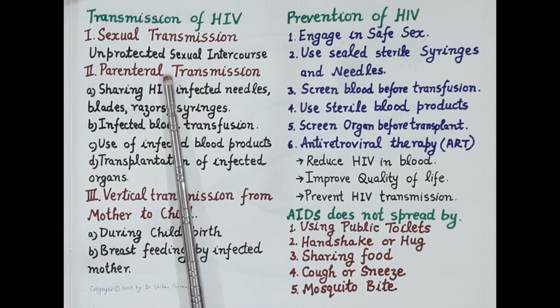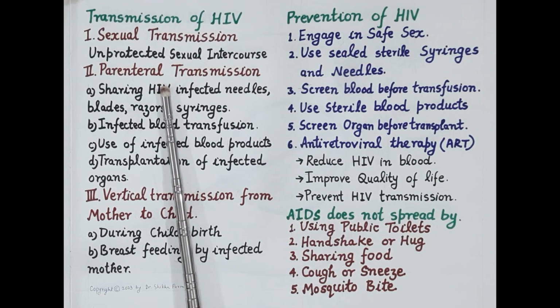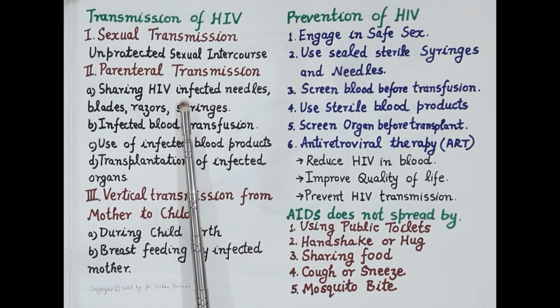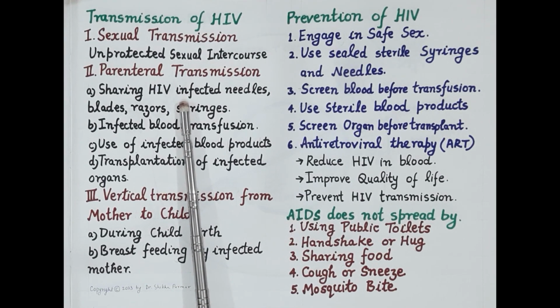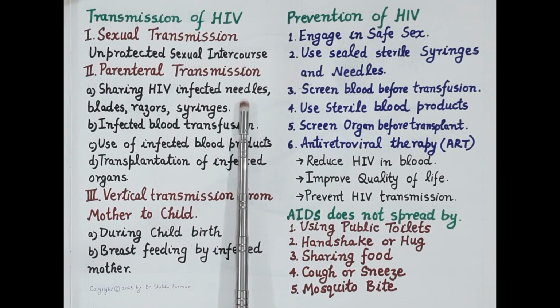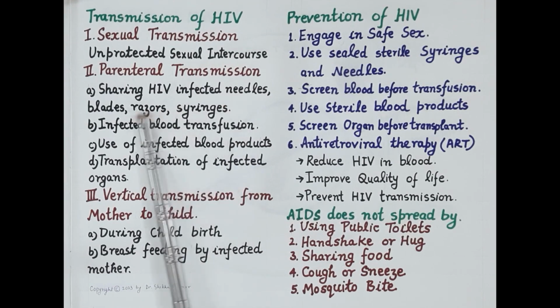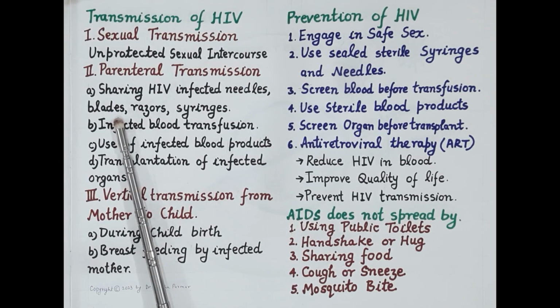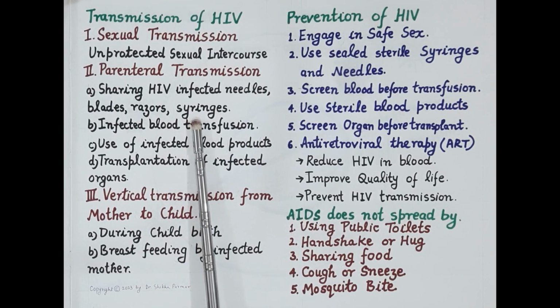female to male. Then parenteral transmission of HIV occurs due to sharing of HIV infected needles, especially during IV drug abuse, then tattoo formation, then use of infected needles, then use of infected blades, razors or syringes.